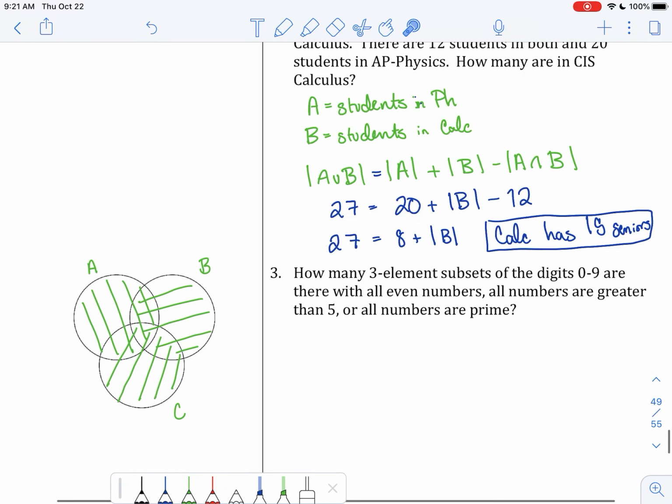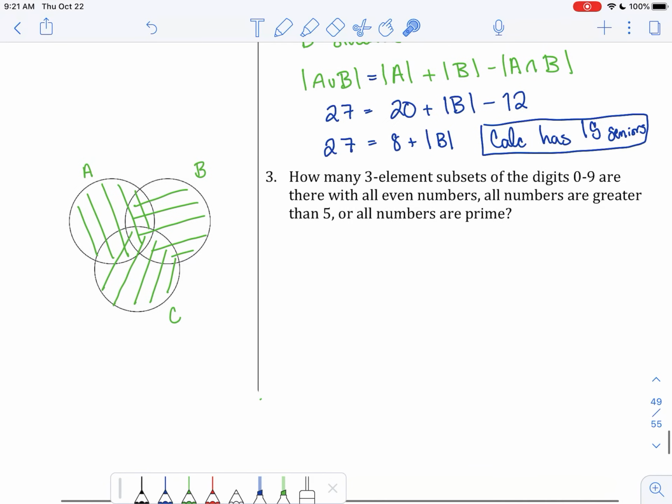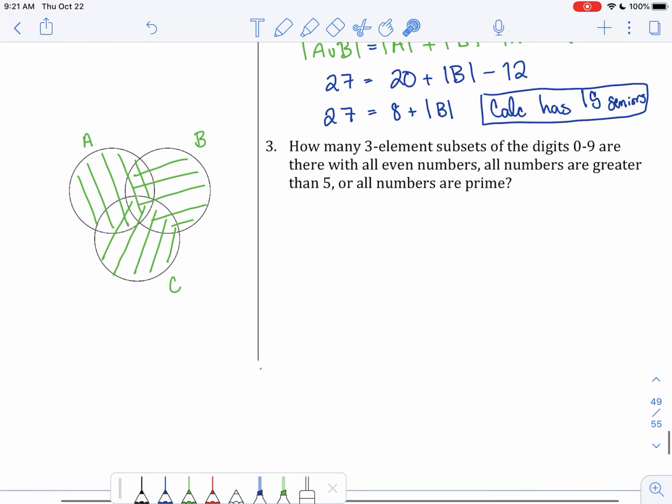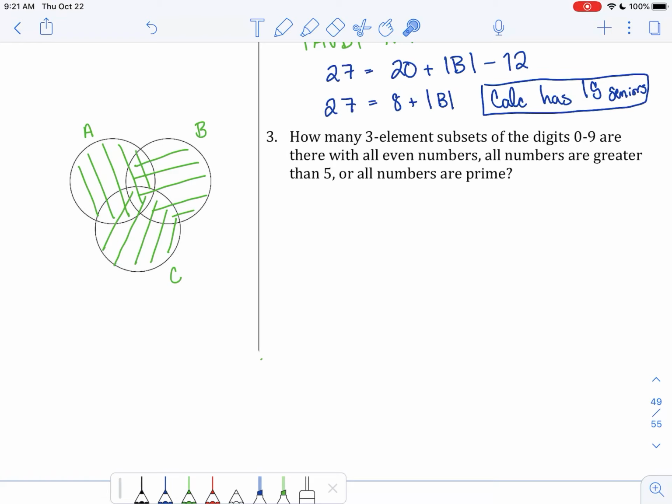Now, of course, if this works for 2 sets, it can also work for 3, though the formula is much more complicated. And we're going to derive it the same way. So if we look here in this set, we have A, B, and C. Now, these intersections here are being added twice.